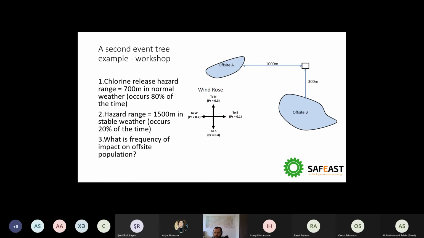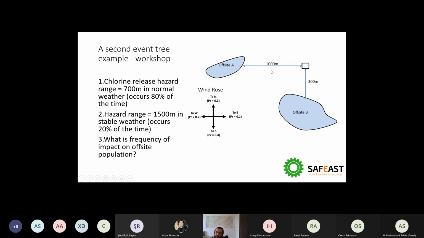So this is an example. So why do we use an event tree? Let's say you have got a release source, and let's say you have got either a flammable or toxic release. And if you have got different offsite populations with different wind roses with the probability of the wind, then basically you do this event tree to understand, for example, for offsite A, when the release happened, where the wind is coming from, what the hazard range is, and what the impact frequency on the population is.